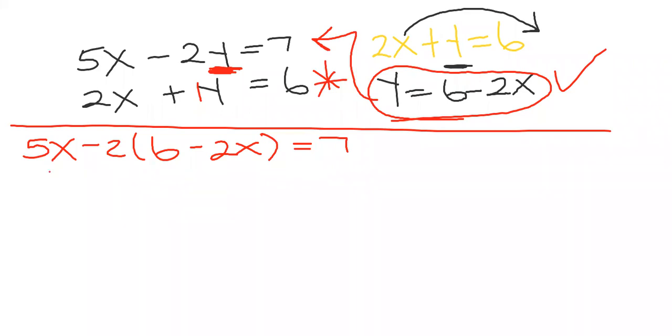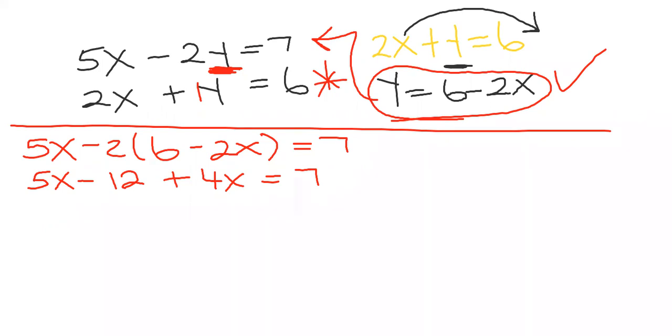So removing the brackets, we get 5x minus 12 plus 4x is equals to 7. Because the negative 2 multiplies the 6 inside the bracket and we get the negative 12. The negative 2 multiplies the negative 2x and we get the positive 4x.